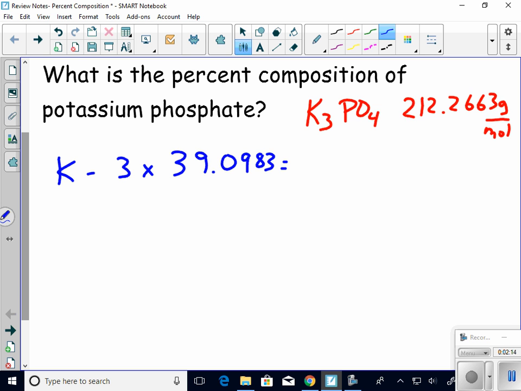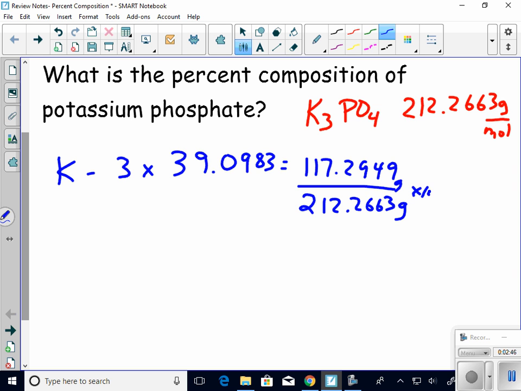So if I have 3 of those, that gives me 117.2949, correct? Now, in order to calculate how much percentage that is, I just simply take the total, multiply by 100.